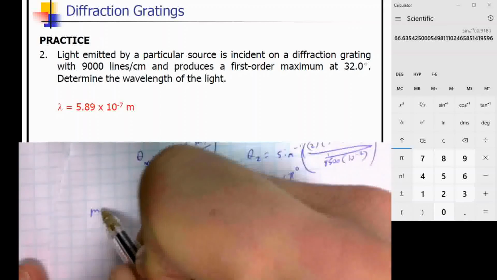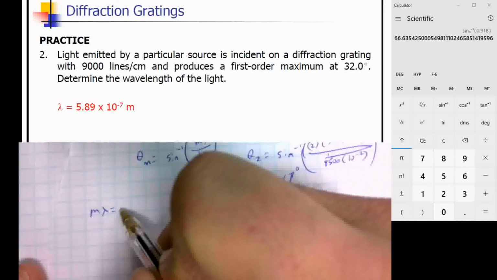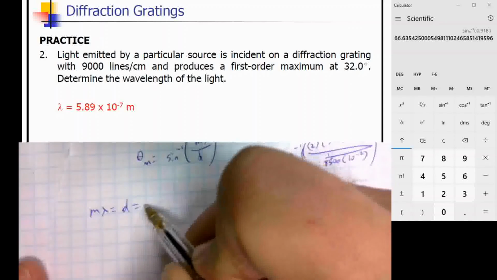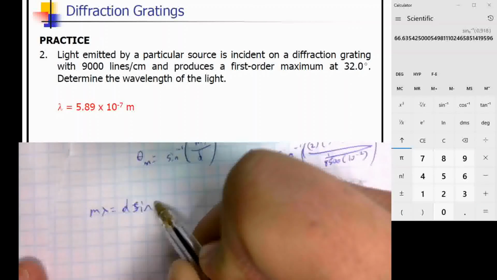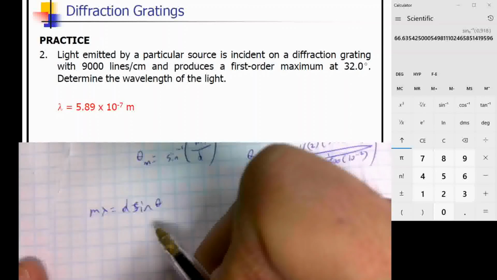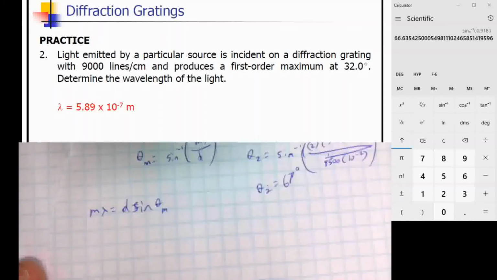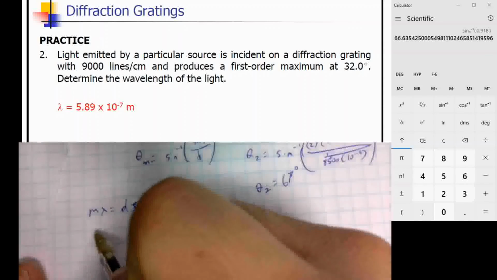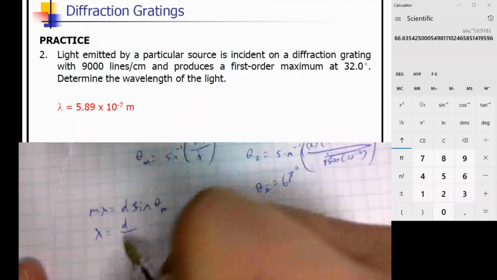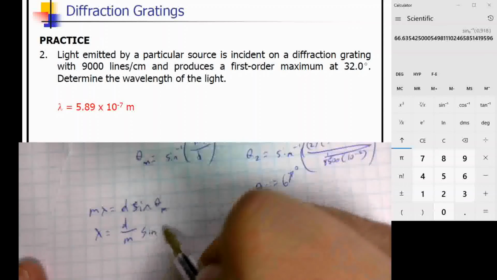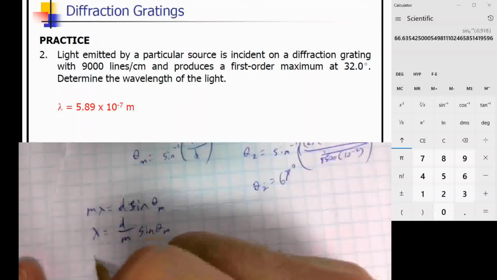So my equation again, to start with, m lambda equals d sine of theta, and this is for a maximum, so it's theta m. I need to rearrange this to find my lambda, which is simply d over m sine theta m.